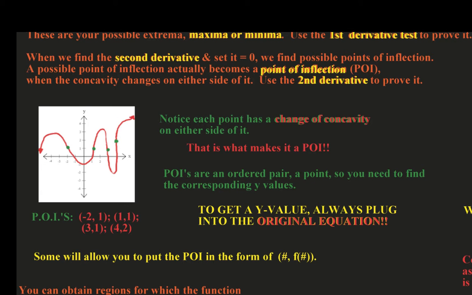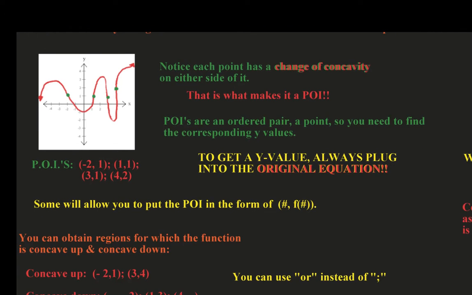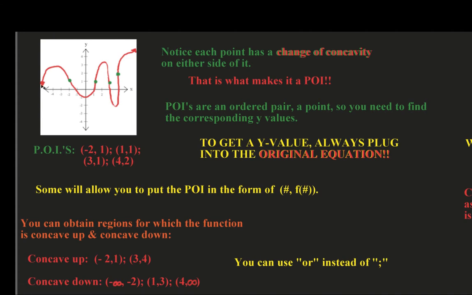So, I had earlier discussed the regions of concavity. You can depict that from the graph here shown just by looking at the frown, if you will. You see how that's an upside down frown? That's concave down. And that occurs when you get a negative value plugged into your second derivative.